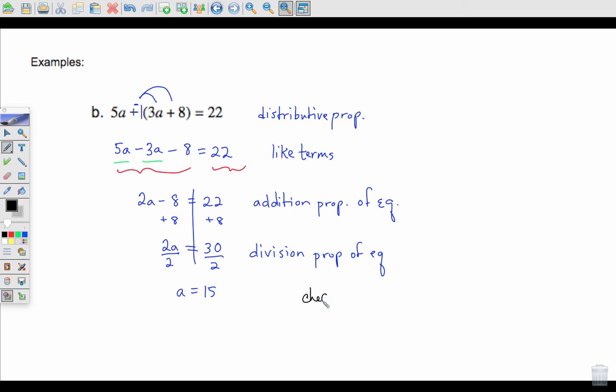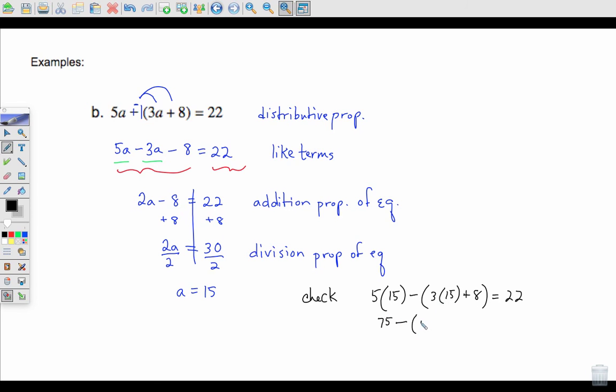All right, last step. Don't forget to check your answer because it's easy to make a mistake on these. So 5a, 5 times 15 minus, remember everywhere there's an a, I'm going to replace it with a 15. I don't have my calculator, so let's see. 5 times 15. 4 times 15 would be 60 plus another would be 75.